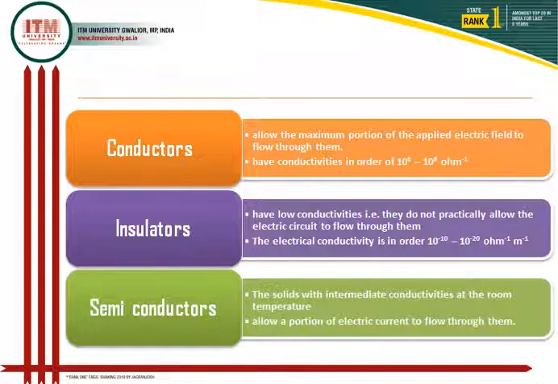However, there is another class of material called semiconductors, the solids which have intermediate conductivity at room temperature. These materials allow a portion of electric current to flow through them. They are called semiconductors. At room temperature, they have very small conduction.